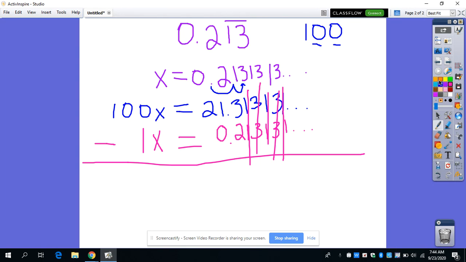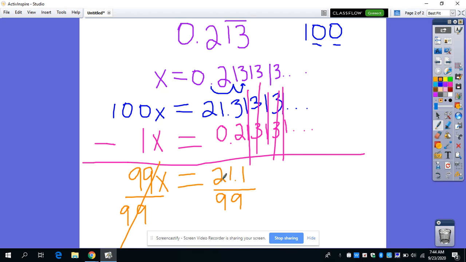So 100x minus 1x is 99x, is equal to 21.3 minus 0.2, which is 21.1. Okay, you're going to divide both sides by 99. 99, goodbye.